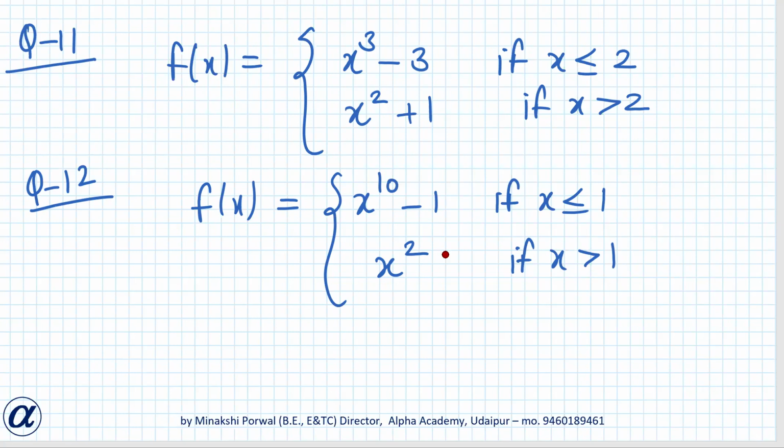For x greater than 1, the definition of the function is this, which is also a polynomial function, so it will be continuous. Now the definition of the function is changing at 1. So here we need to check left hand limit, right hand limit, and value. It will be discontinuous at 1.